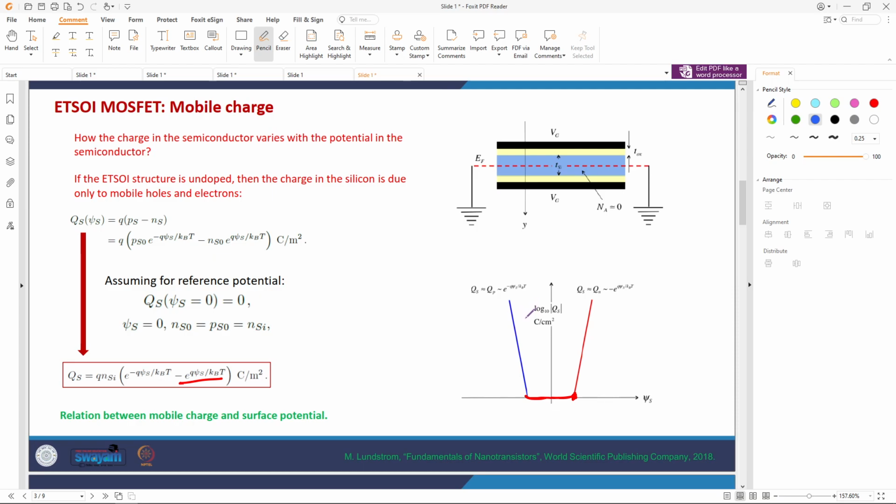Because the material was p-type. Hole accumulation happened very easily, but electron accumulation happened with a lot of challenges. But here it is symmetric, so these devices can work equally with both positive and negative gate voltages. Additionally, the net free charge in silicon, since it is an intrinsic material, is always zero.